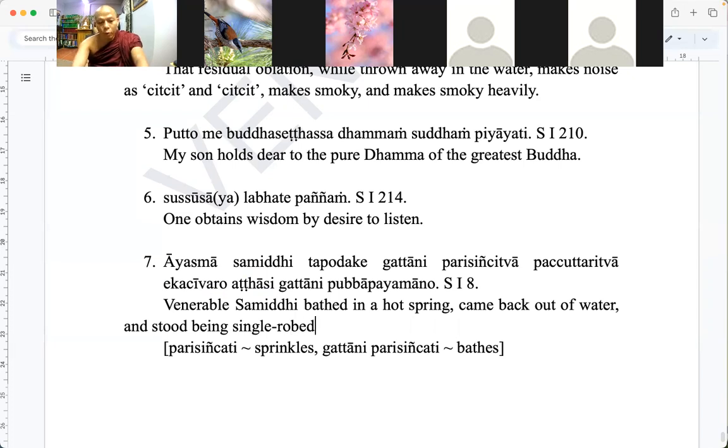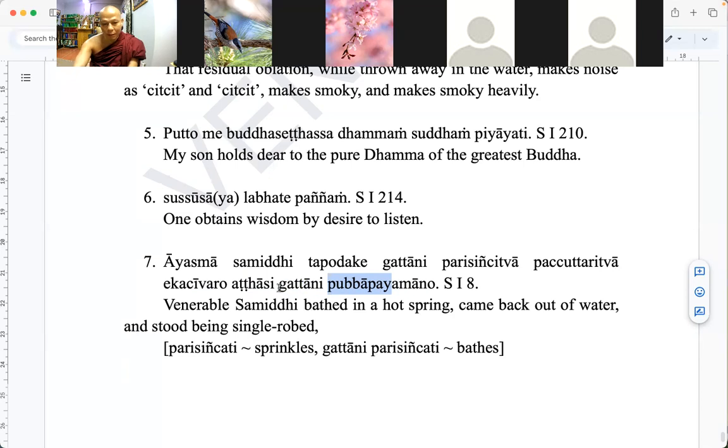Being single robed. And then gadani bobabaya mano. Bobabayati is also making dry the body, so making dry the limbs, or drying the limbs. Bobabayati is making as a former, literally. Boba means former, but with abe or abeya, bobabedi, making something as a former.